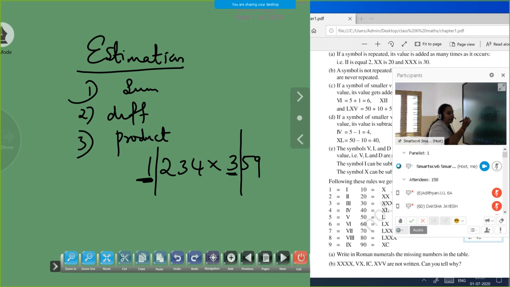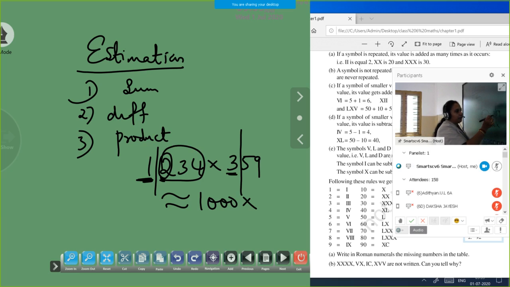Thousands place means this becomes 1000 because this digit is less than 5, so it does not change. 1 as it is, put 0 in all the remaining digits. Then here the number changes to 400 because this digit is 5 or more than 5, so the previous number increases. So the answer is 4 lakh.